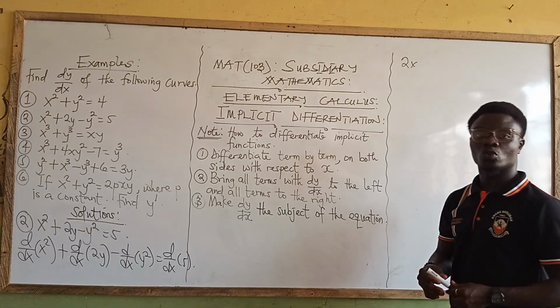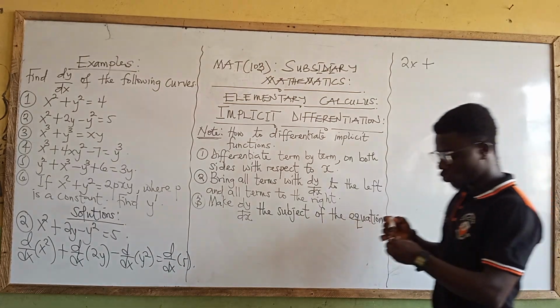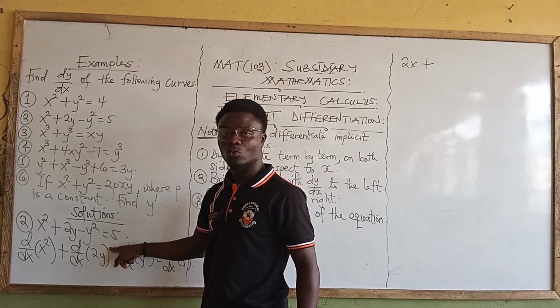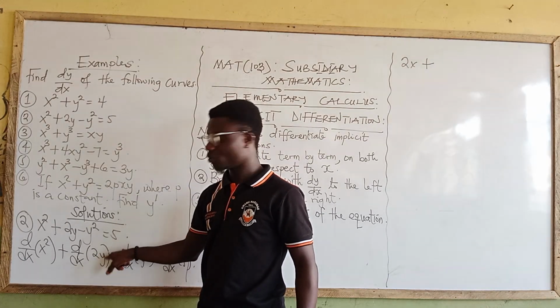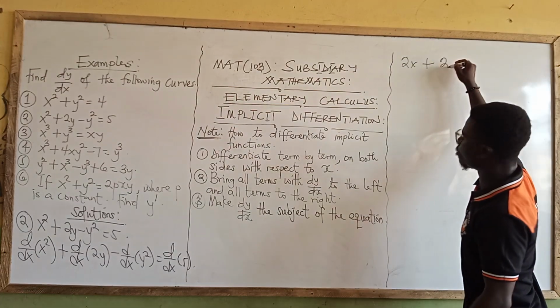Then you differentiate 2y. If you want to differentiate 2y, we can see that 1 drops, so it multiplies to 2, then we subtract 1, so here goes away to 1. So 1 times 2, we get 2.